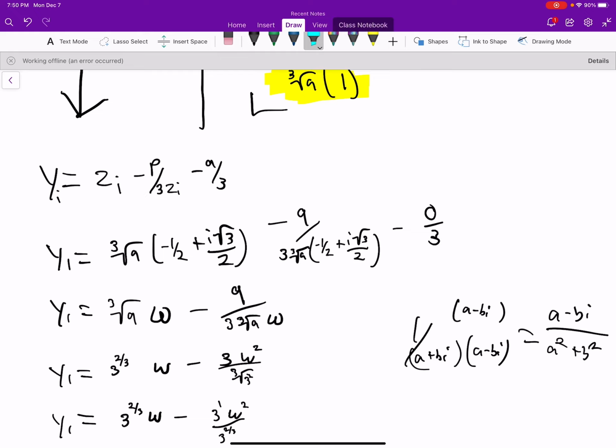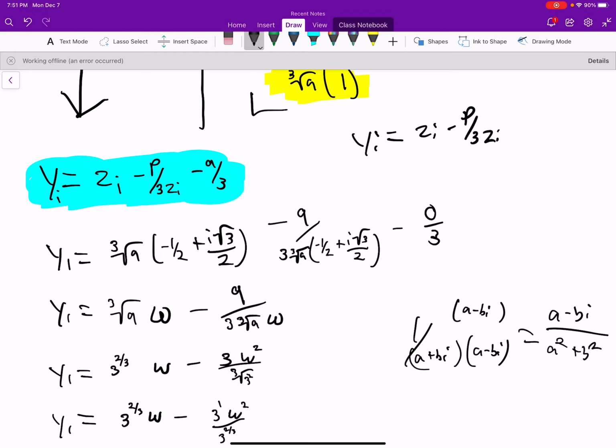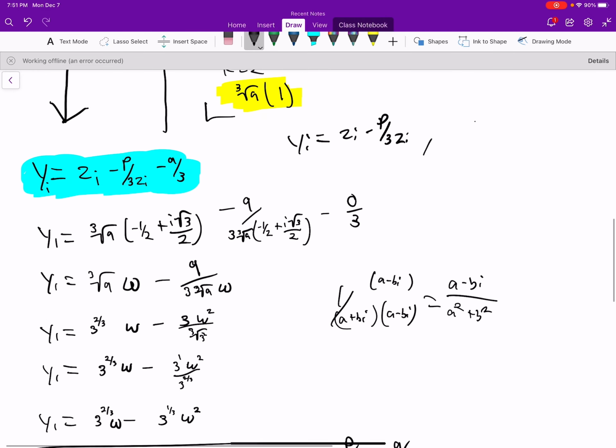So you'll notice on page 47, you get this equation here. And that's by combining 2 of the equations. So combine yi equals zi minus p over 3zi. And then there's another equation which is xi equals yi minus a over 3.